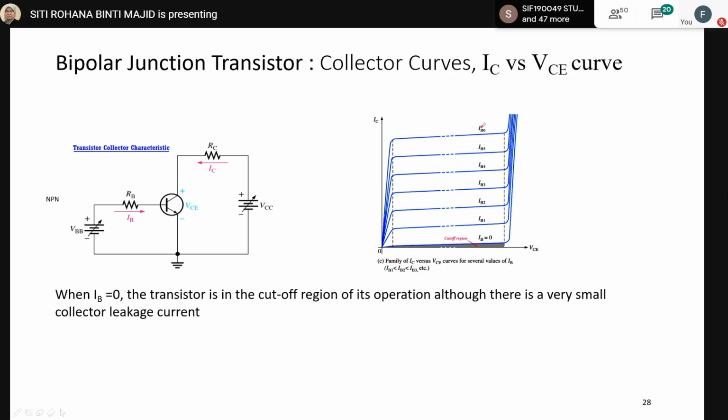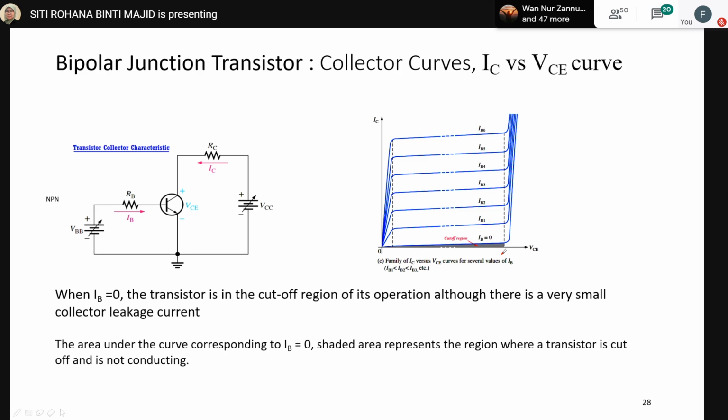This is the active region, which means the current increases only slightly. At this region it does not function, because it is the cutoff region where IB is below 0. That means there is no current flowing through the base, so it cannot push the carriers to the emitter. So there is no current flow into the BJT.